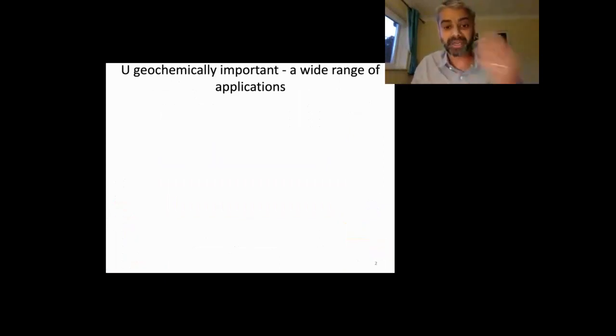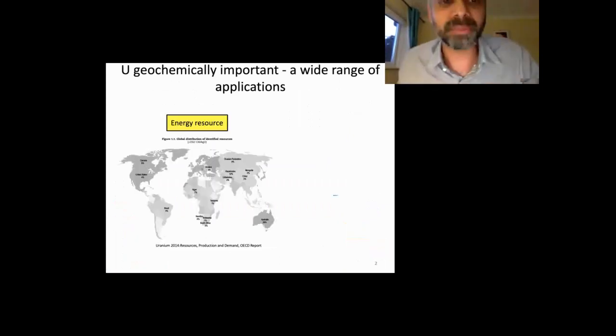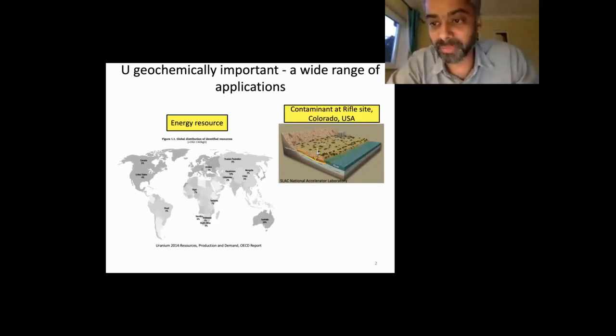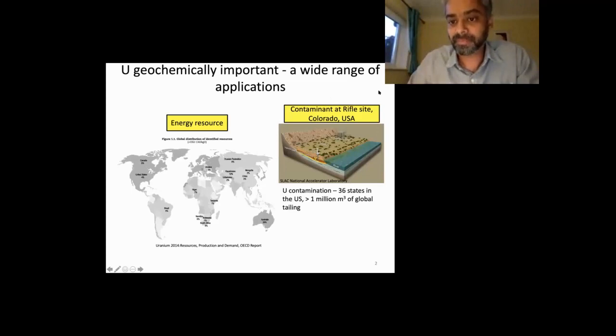So uranium is quite an important element for energy resources, and particularly used in weapons manufacturing and military industry, which led to piling of global mine tailings and contamination of soils and sediments and groundwater.